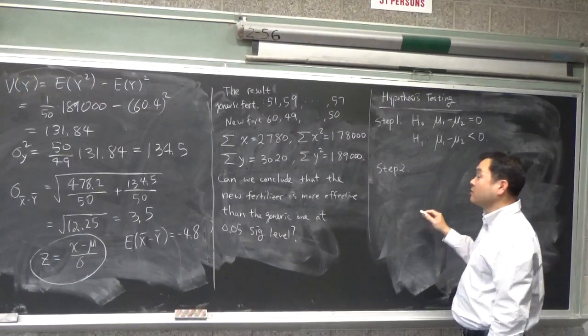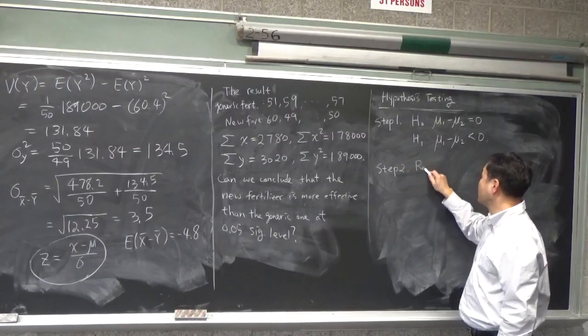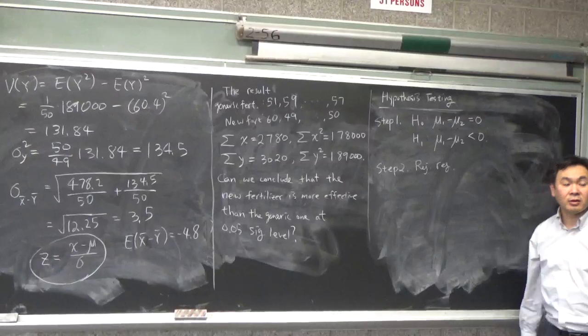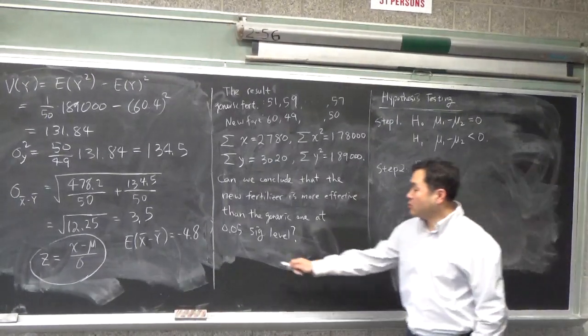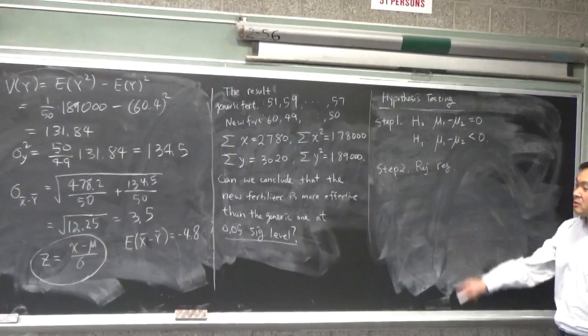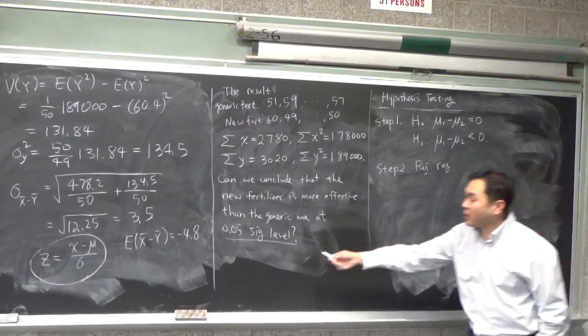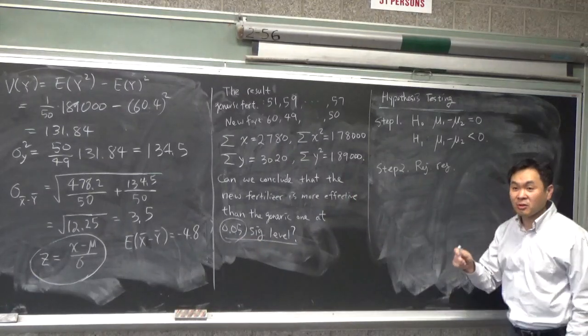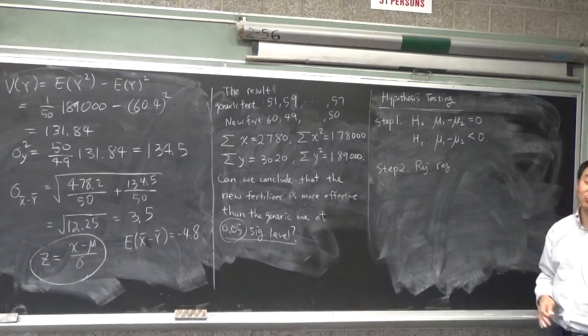You have to find the rejection region. Because you're given a 0.05 significance level, you have to keep that in mind. The rejection region has to have 0.05 as its area, because area of the probability distribution corresponds to probability.